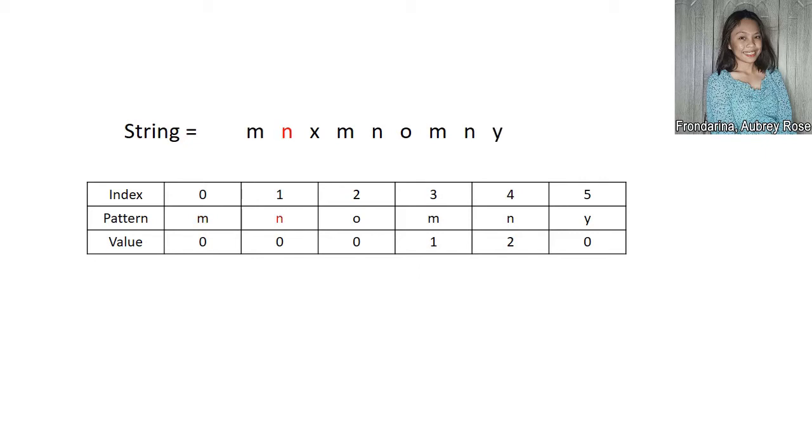Then next. Now, we compare that O here is not the same as X. Since we are not going to look back to the previous letters, we will check what is the next letter in the pattern to compare. So M here is the same, as well as N, O, M, and N. So now, we know that this pattern exists in the string.